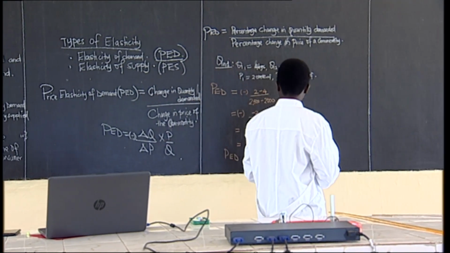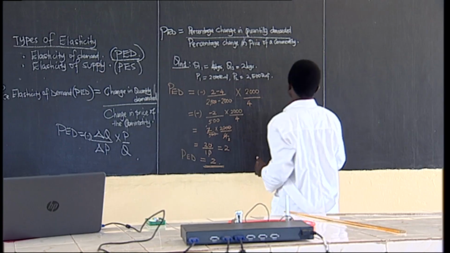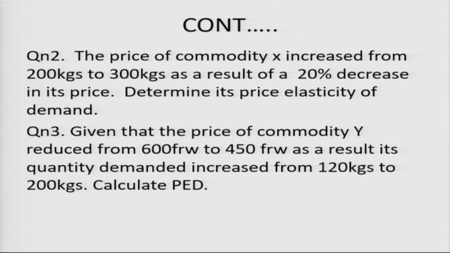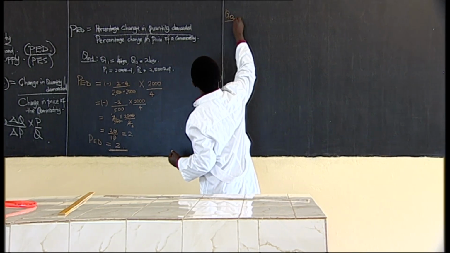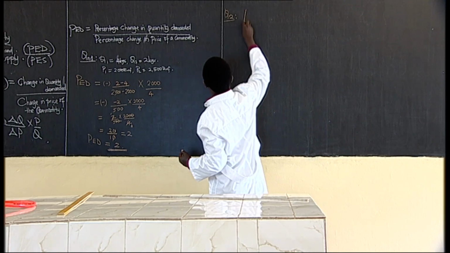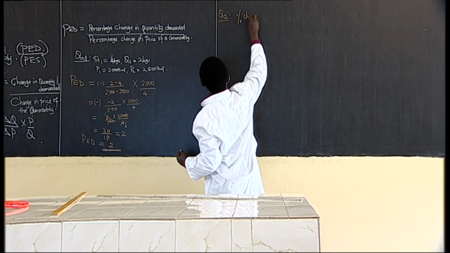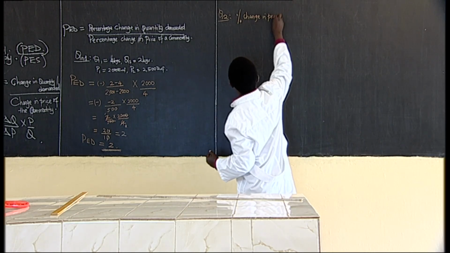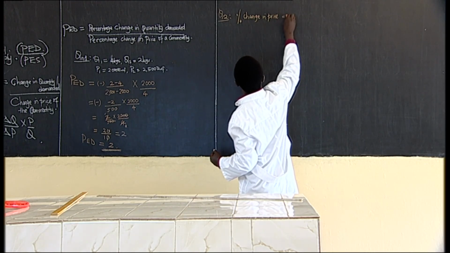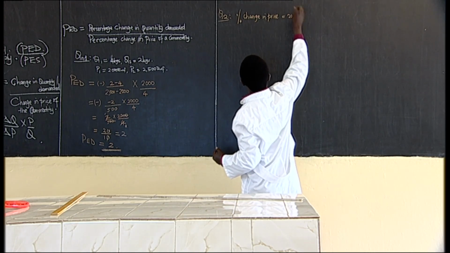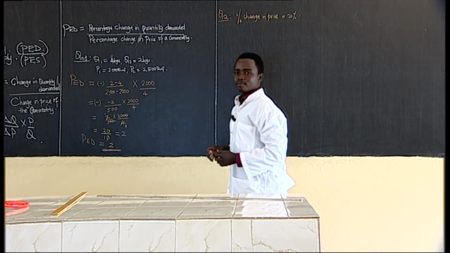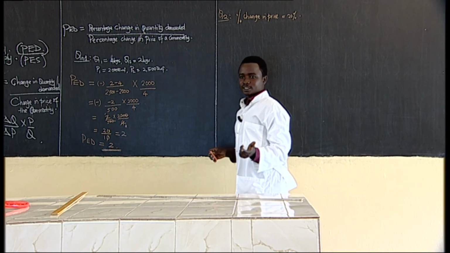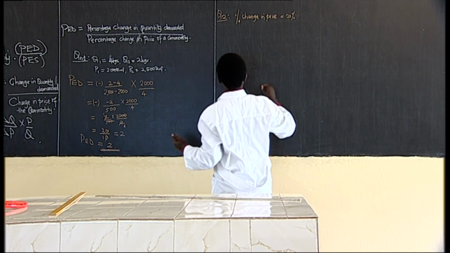So, how would you get now, this is our question 2. They have given us percentage change in price, which is 20%. So what we need now is to calculate percentage change in quantity demanded. And how do you calculate that?